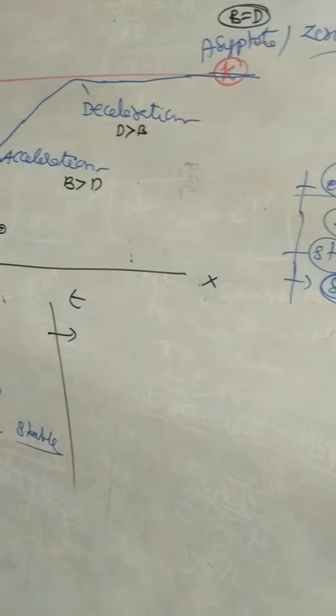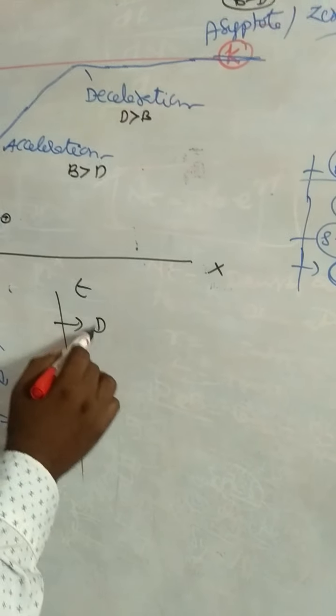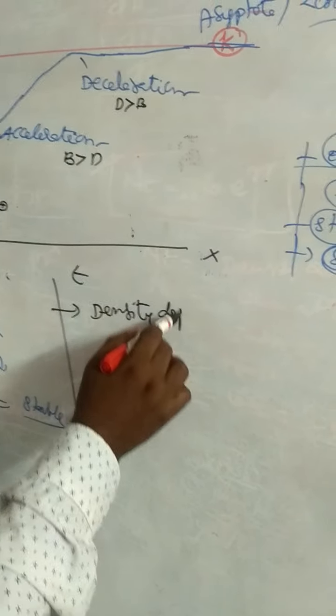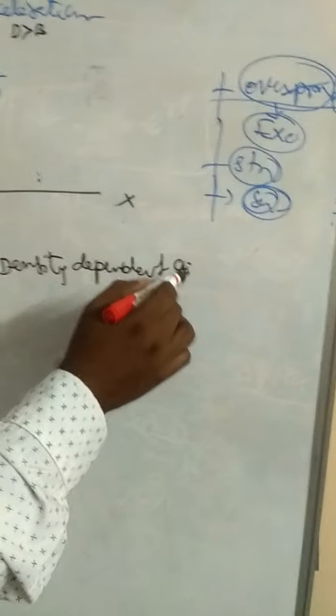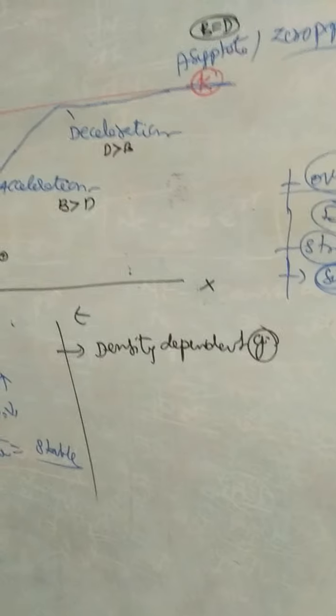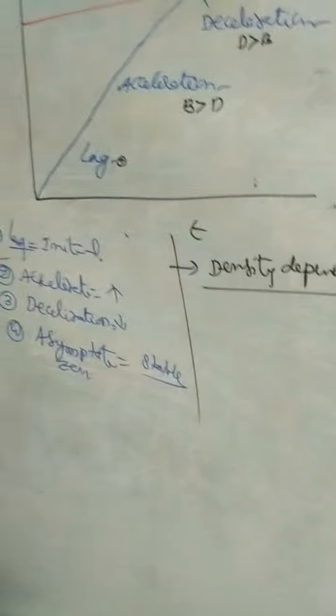In the case of logistic growth curve, population density depends upon the carrying capacity. So it is called density dependent growth curve. Density independent growth curve is J-shaped growth curve. Density dependent growth curve is S-shaped growth curve or logistic growth curve.